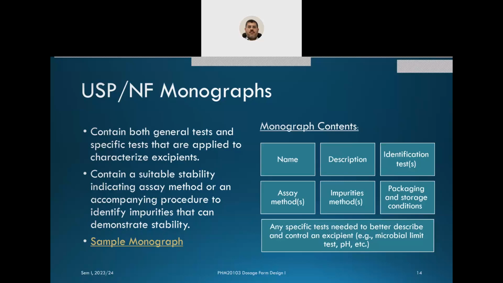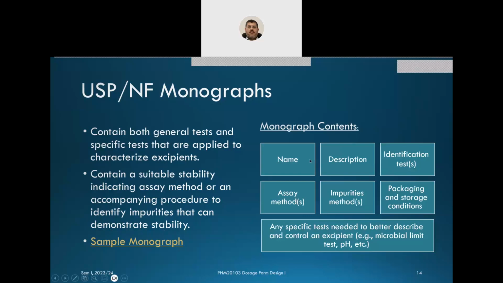Stability indicating assay methods are usually mainly to test the content, the purity or the strength of the excipient. Then it may also contain a procedure to quantify or to detect the limit of degradation products or impurities of that excipient.